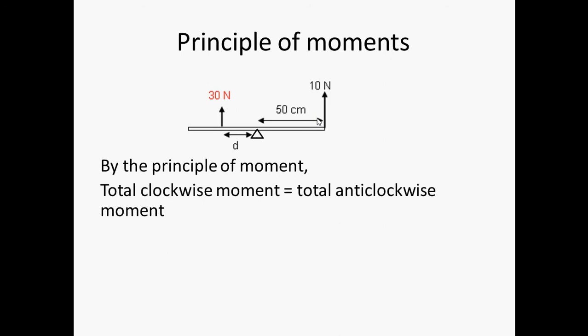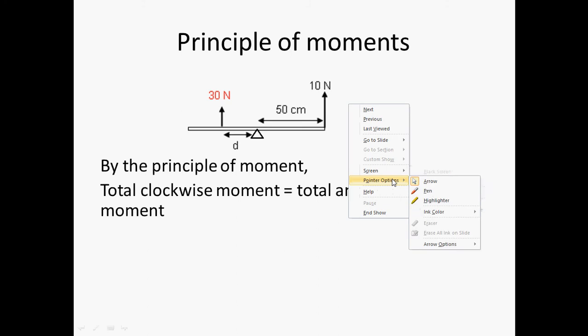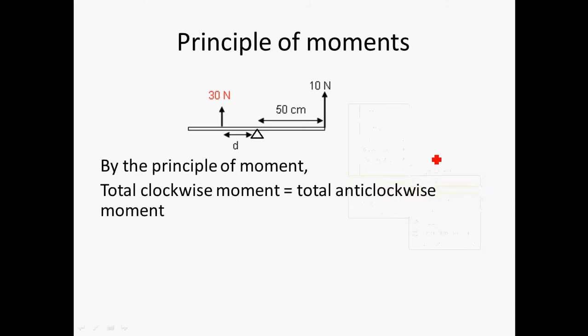Let me just turn on my pen. The total clockwise moment will definitely be this one here, which is 30 times D, and the total anti-clockwise moment will be this one here, which is 10 times 50.